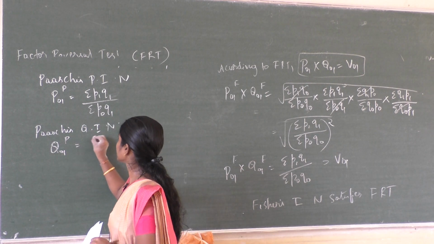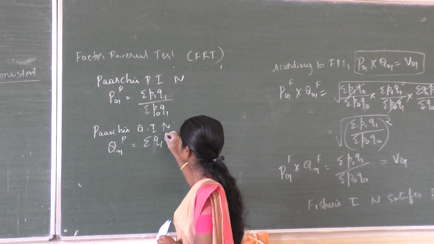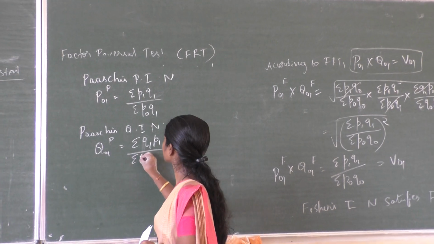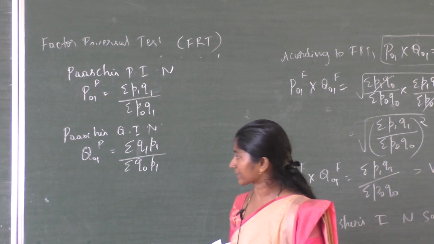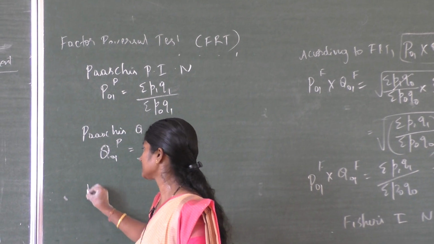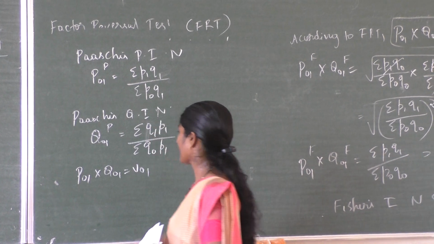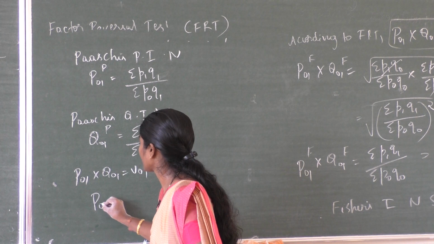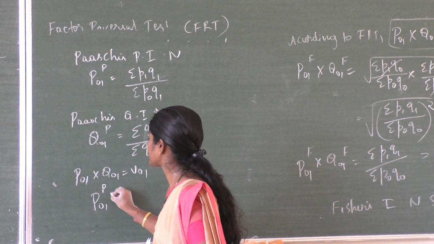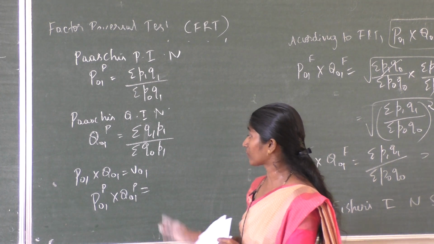According to our factor reversal test, that formula is P01 into Q01, that is the value index number V01. Now P01 of Paasche's into Q01 of Paasche's does not equal V01.